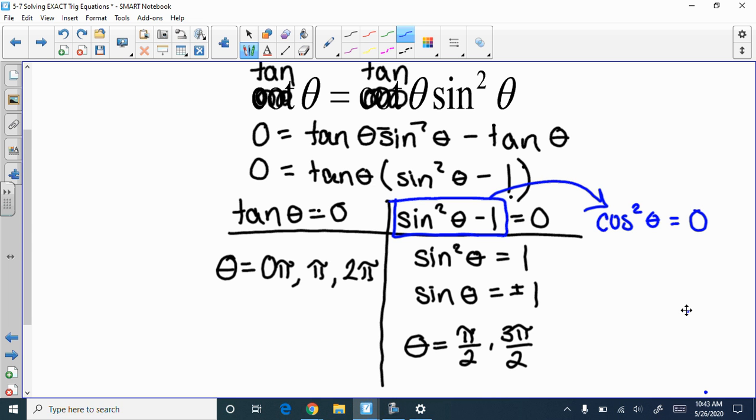And so then if I wanted to solve this, I would get cosine theta equals 0 in this case. And when that's going to happen is at pi over 2 and 3 pi over 2. So it's just another option for you to do. You can rewrite some of your factors using your identities as well.